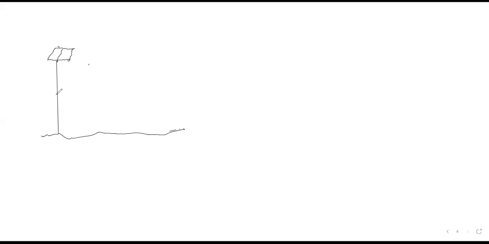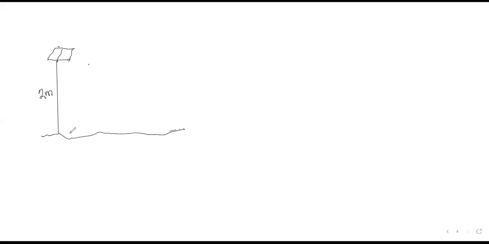And we are told this is 2 meters above the floor. At what speed does it hit the floor?